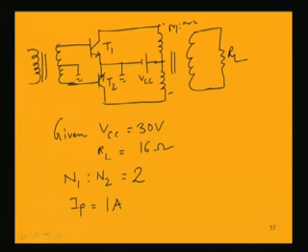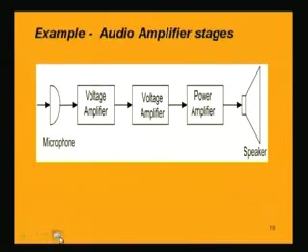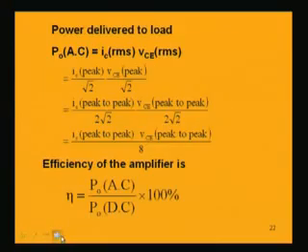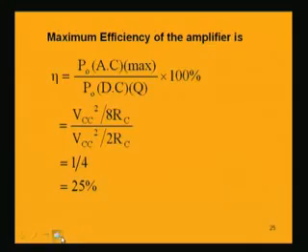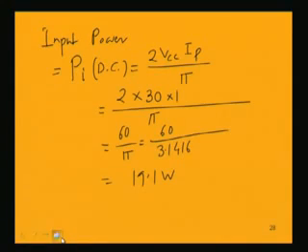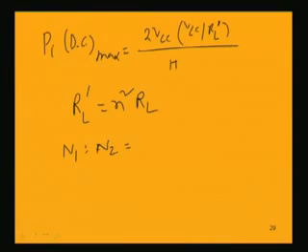If we want to find out N1 is to N2 for a particular transistor or a particular conduction, we will have to find out N1 by 2 is to N2.